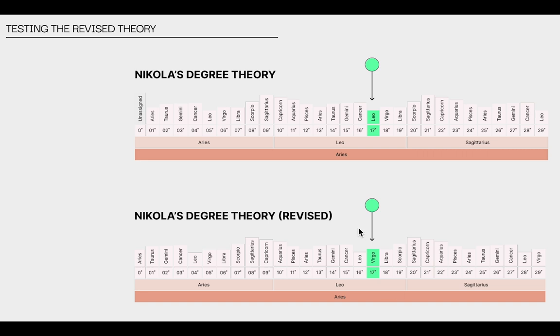But the old theory, or his current theory, says that 17 degrees is Leo ruled. And Leo is all about presentation, showing things, revealing, expression, expressing outwardly.